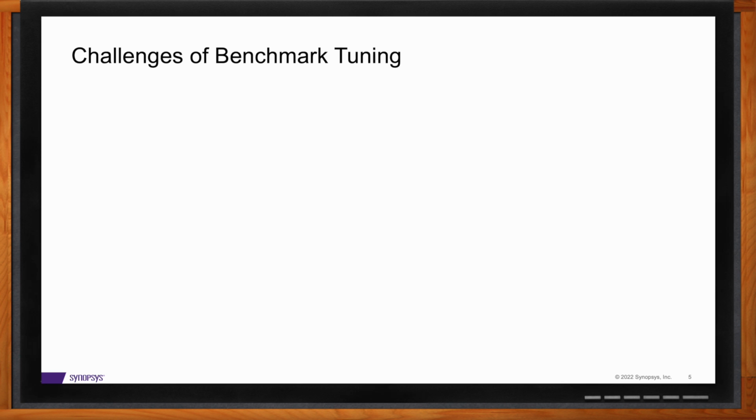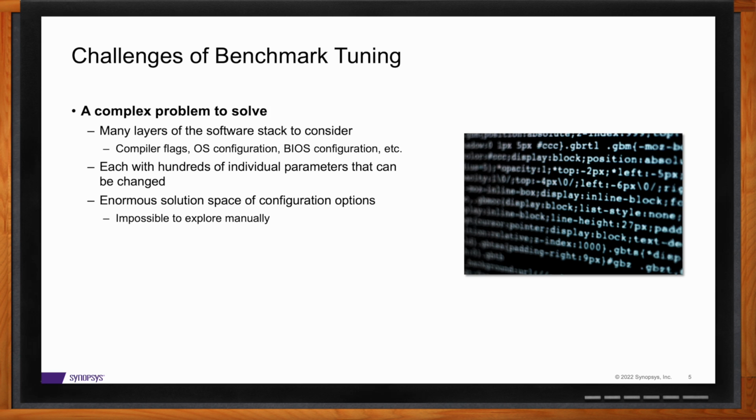One reason is that if you look at the software stack that sits on top of the hardware, you have many layers, right? You have your compilers. You need to look at your OS that needs to be configured right. You may have BIOS configurations that you need to take into account. And then you get into the application level, right? Your web servers, your applications, essentially, that you're trying to optimize against.